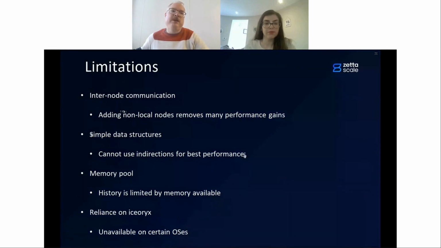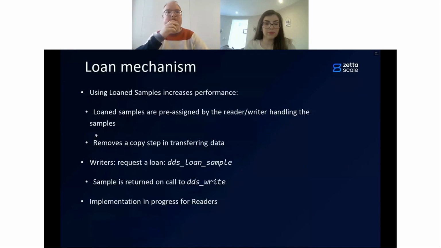But if you really require these kinds of structures in your exchange samples, then it is possible. You will give away some of the performance gains that shared memory might give you.